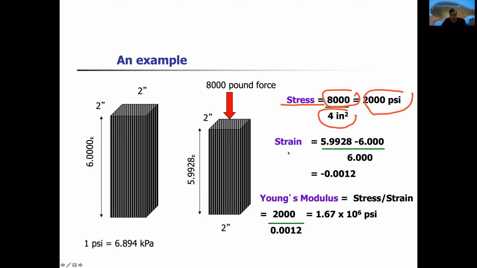The strain. The strain is a change in the dimension of the material. Well, we have a material that originally has a dimension of 6. Let me try to move here again and draw it.